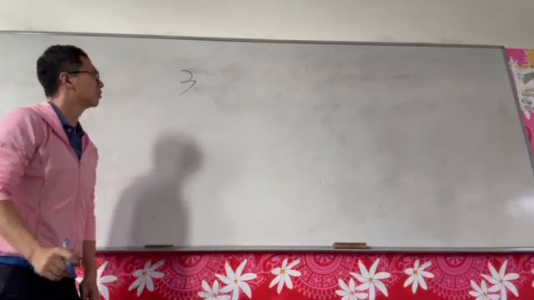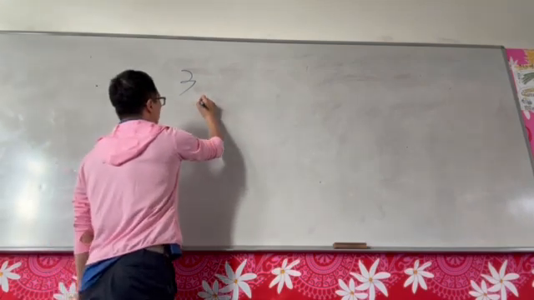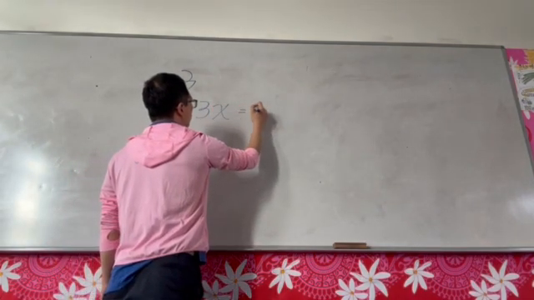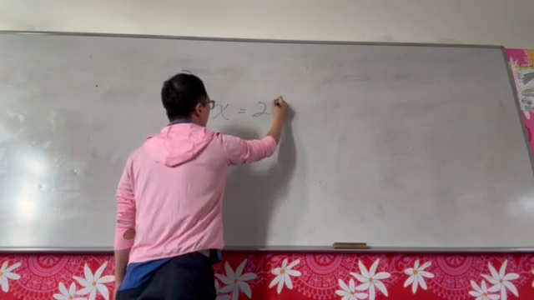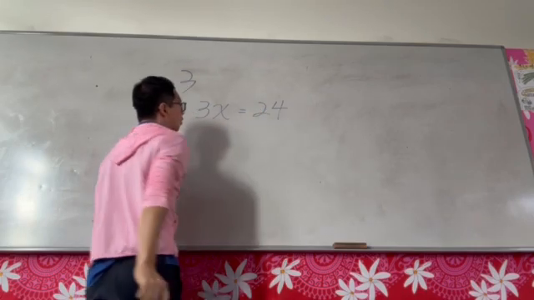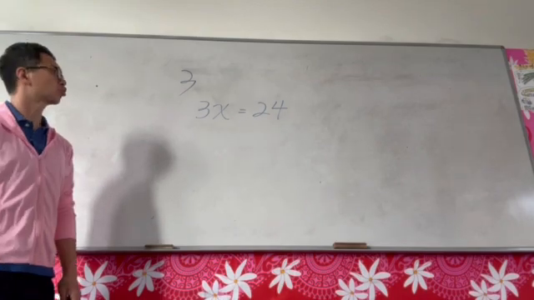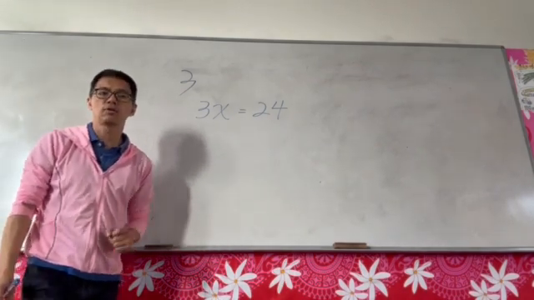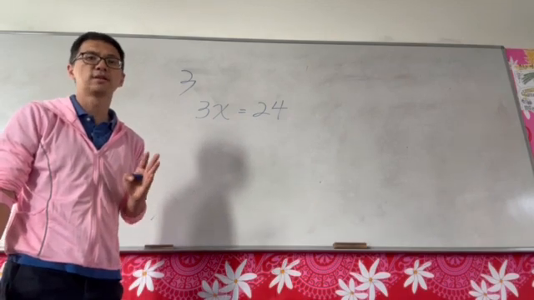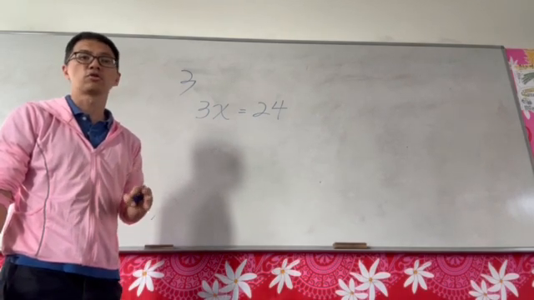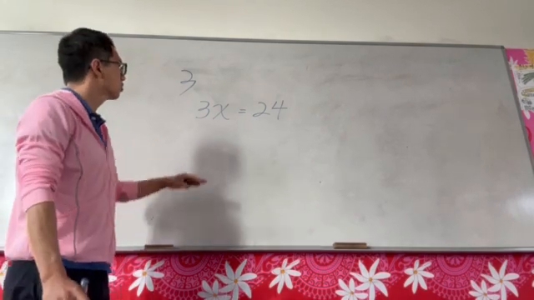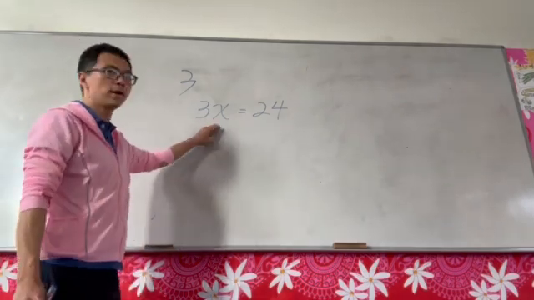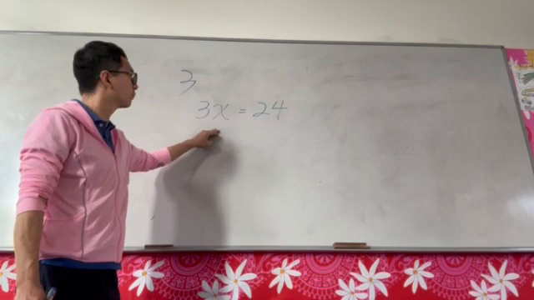A question can look like this: 3x equals 24. Okay? What does 3x mean? 3x means 3 times x, okay? So 3 times something equals 24. What is this x? How do we solve?